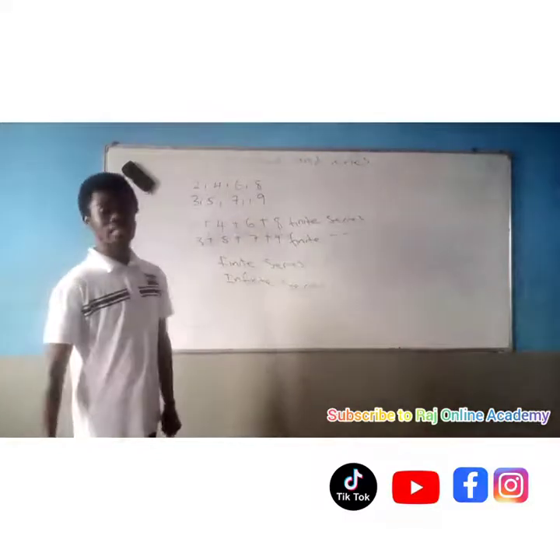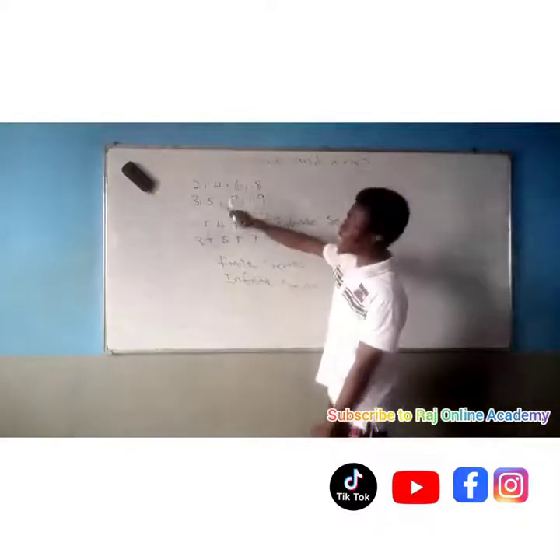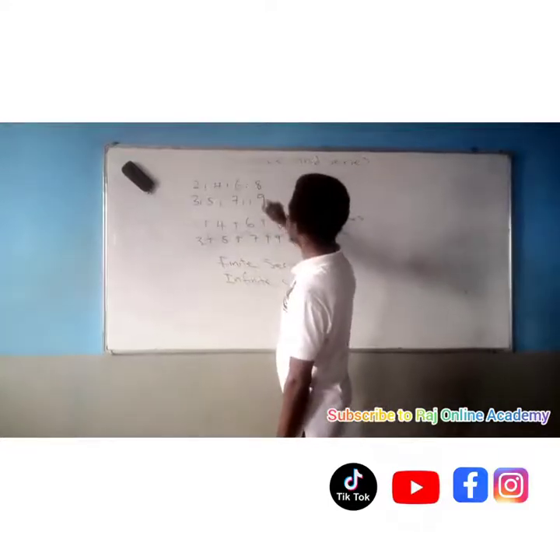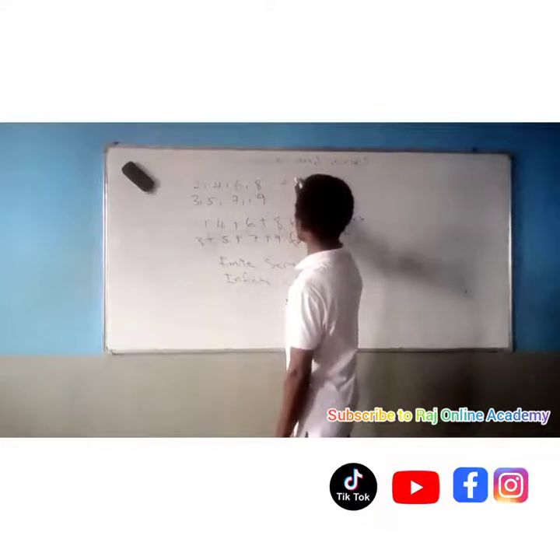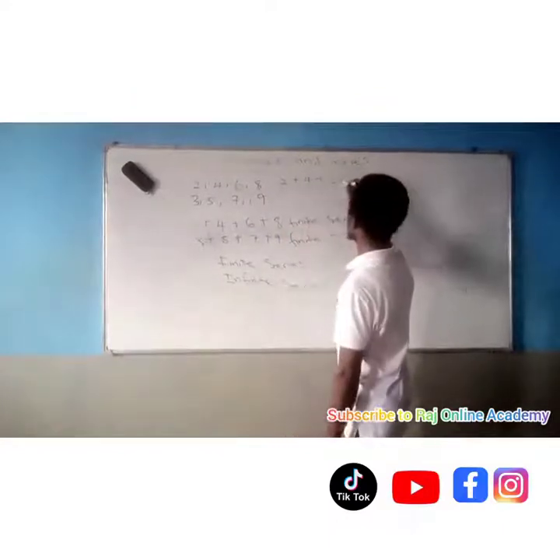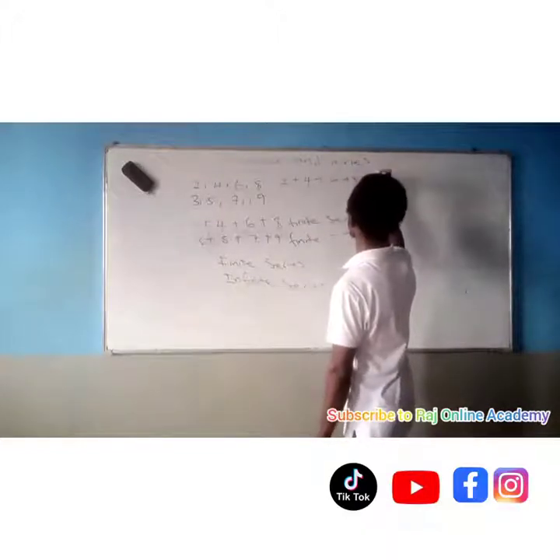Let's take an example of an infinite series. If we want to make this one become an infinite series, what do we do? We say the series here is the algebraic sum of a sequence. This is 2 plus 4 plus 6 plus 8, dots, dots, dots.